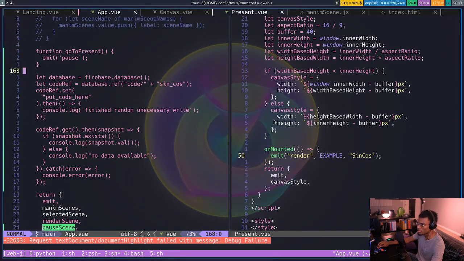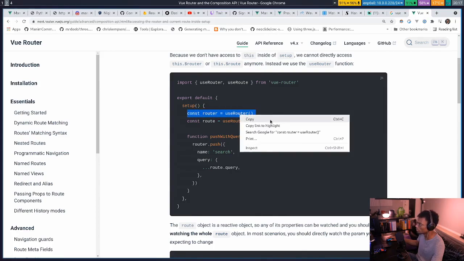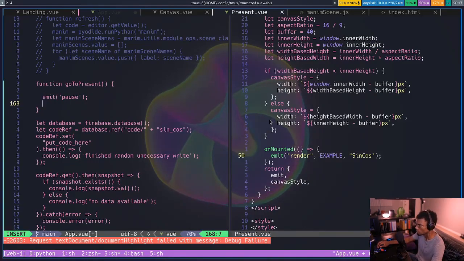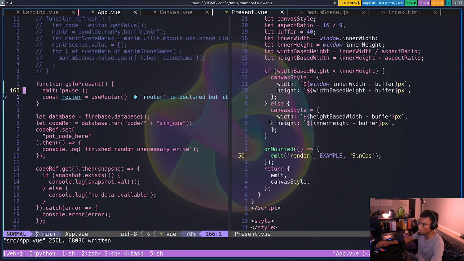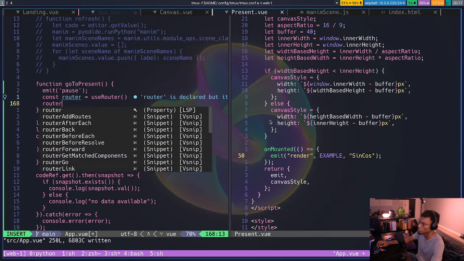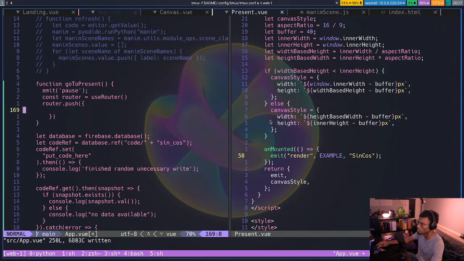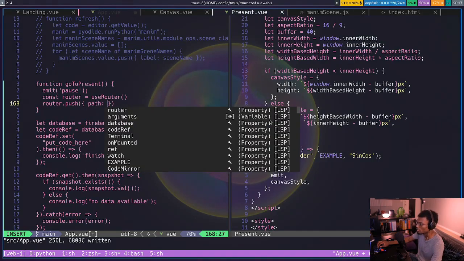And in the snapshot, go to present here. This is where I can get the router, and here I can push it. Let's try to do that. It's like path colon.